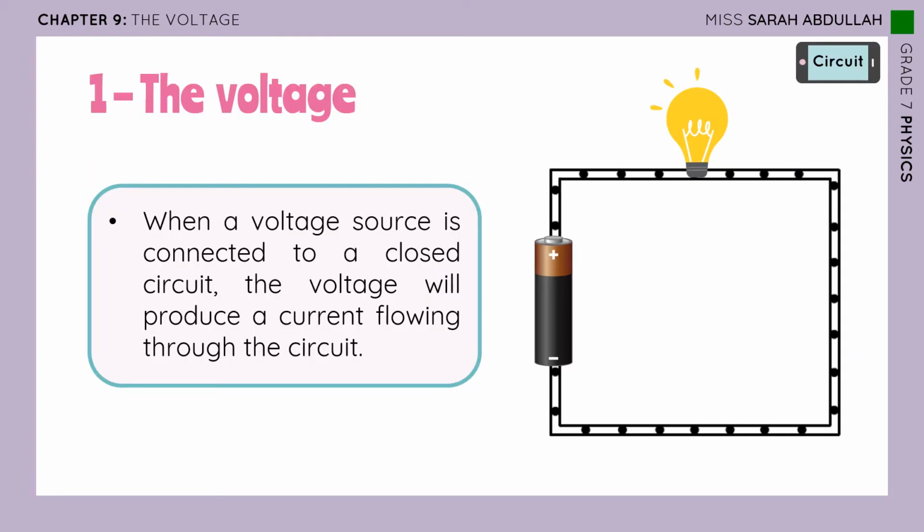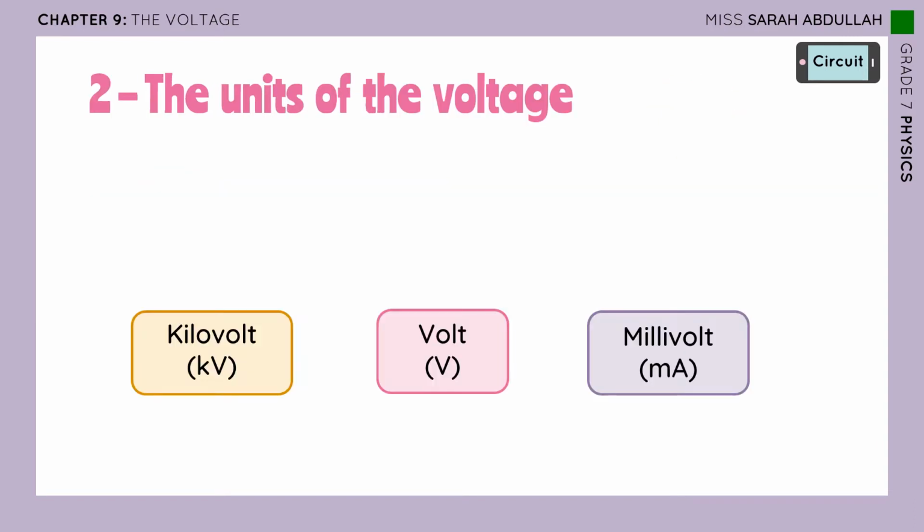Okay, so as we just said, when a voltage source is connected to a closed circuit, the voltage will produce current flowing through the circuit. Now, we might have different batteries with different voltages, so there must be a unit for this value, for this voltage of a battery.